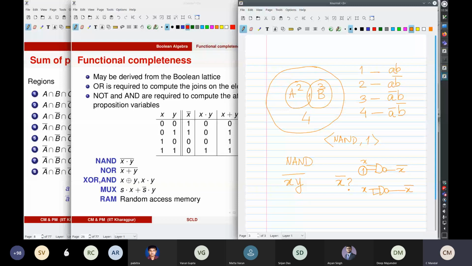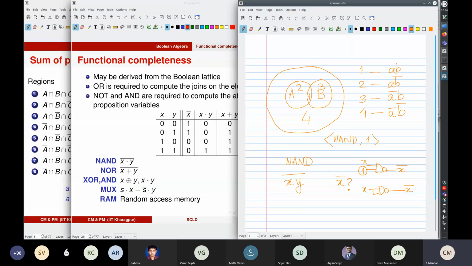But as you can see, you are computing x bar just with x. You don't need the 1. So that suggests that NAND by itself is enough.